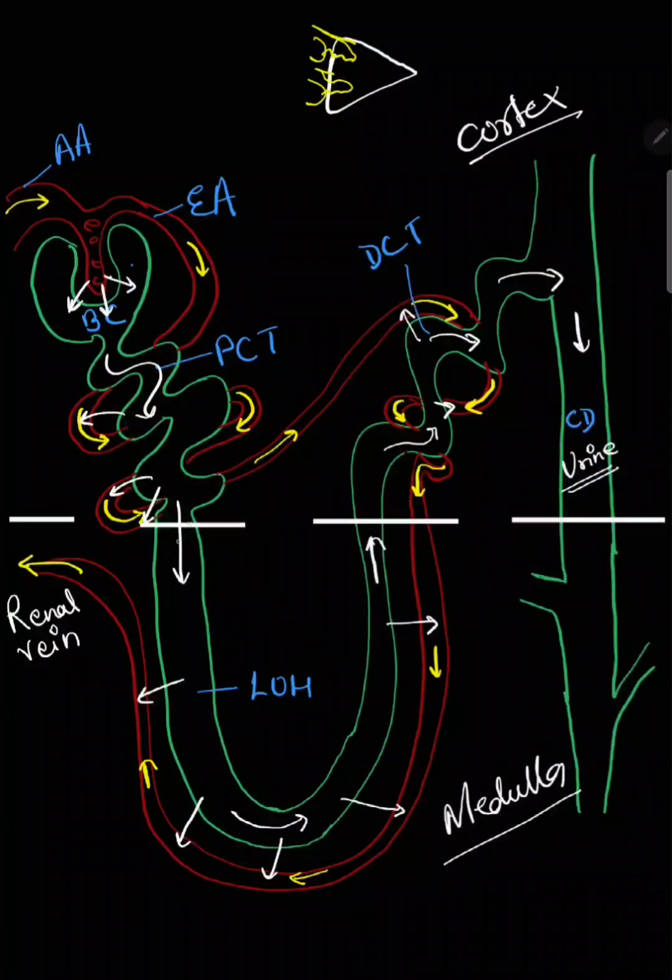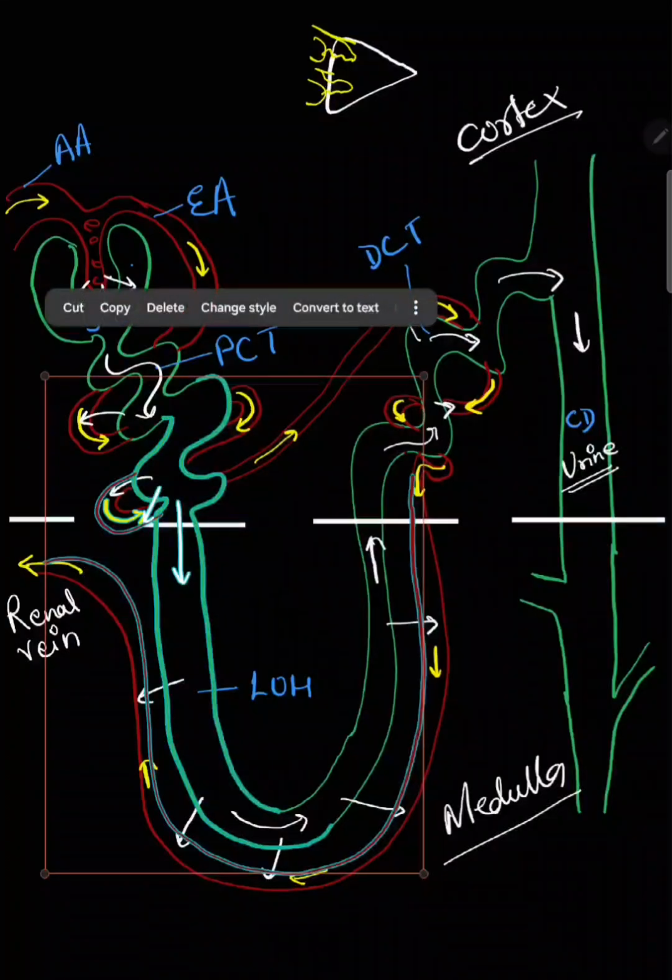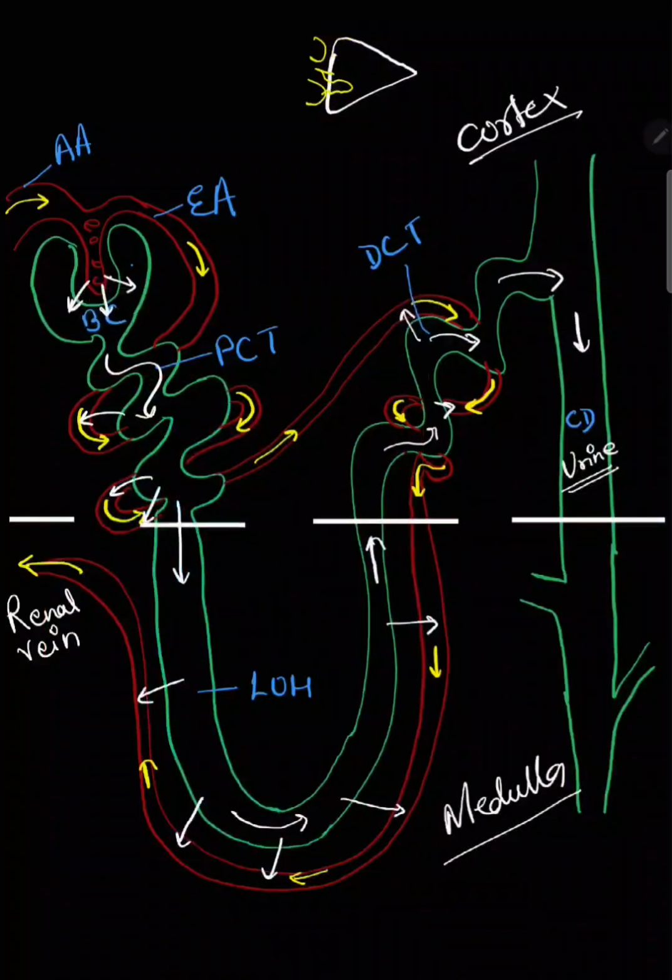See, this is the loop of Henle, starting from this portion up to this portion, from where the PCT ends until where the DCT starts. Now its length can vary, and according to this variation in length, two different types of nephrons can be named. So what are those types of nephrons?